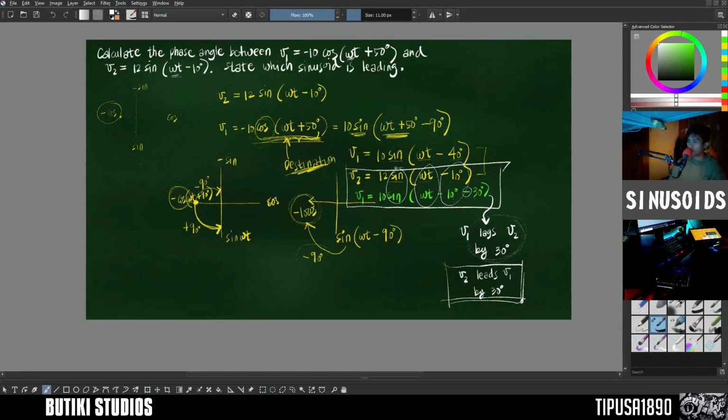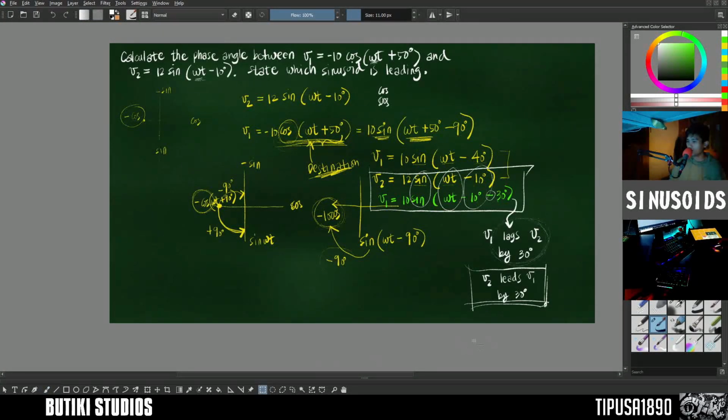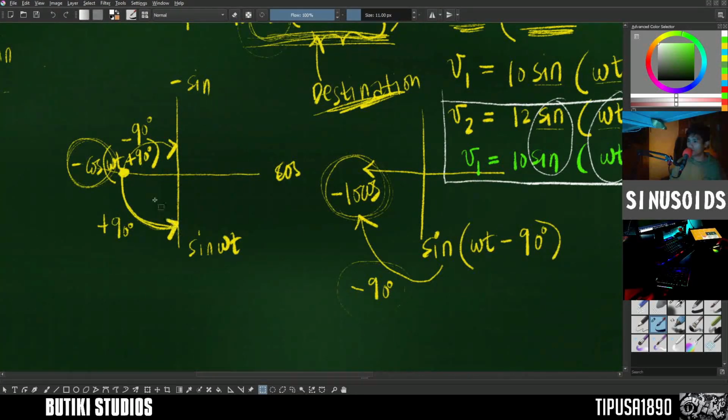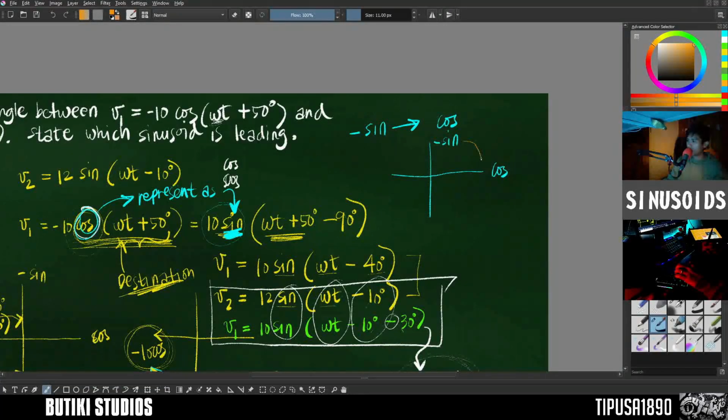The other way around, you can set it as pure cosine. But I stress out when it comes to the quadrants. You really have to analyze this a lot so that we don't get confused. For example, you say that the negative sign, you represent it as positive cosine. So you draw what sine and cosine are. Here is the negative sign, right? And here is the positive cosine. So what you think now is sine going toward cosine.